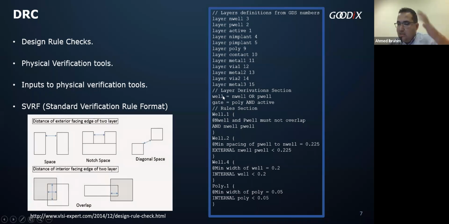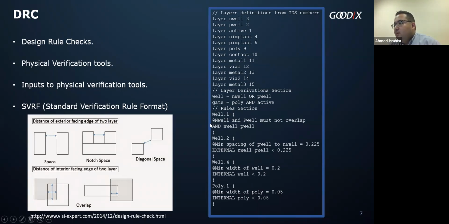They are just something we made to simplify the rules. They come out of the manipulation of two or more other layers, like NOL and BWell. Taking a Boolean OR between them will give us layer well. The same with gate. Then the rule section. Well 1, from here, is a rule. Well 2 is a rule. This all follows the standard SVRF format, standard verification rule format, which is used only by Calibre tools.